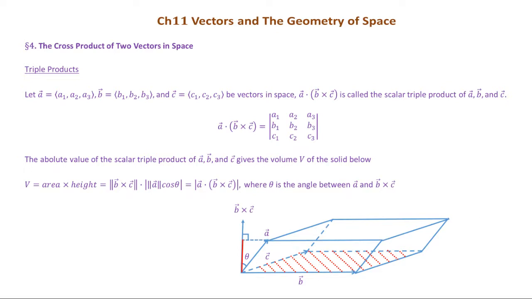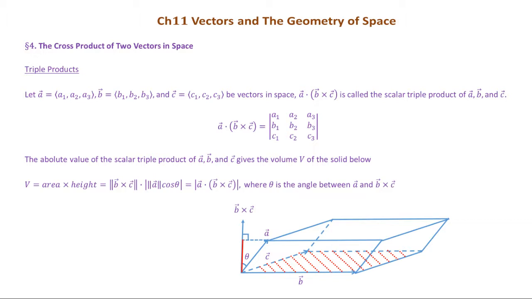And it's easy to see, okay, if you look at the graph, we have B and C on the base plane, and A has some angle with that plane. And we know when you take the cross product of B and C, you get the vector perpendicular to the plane of B and C. Remember?